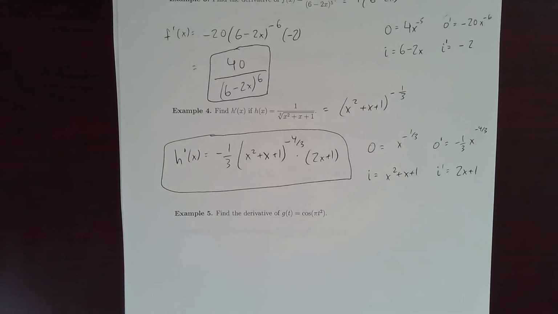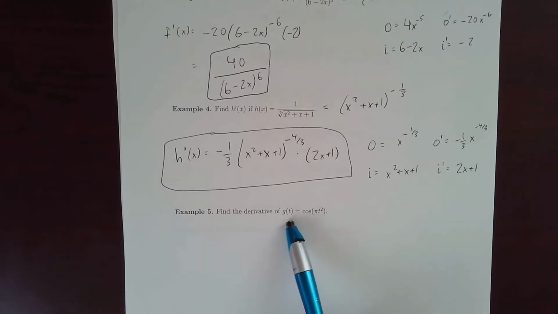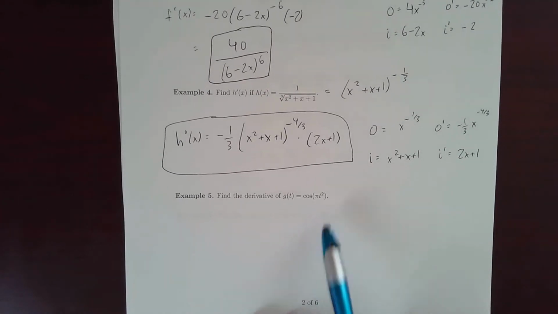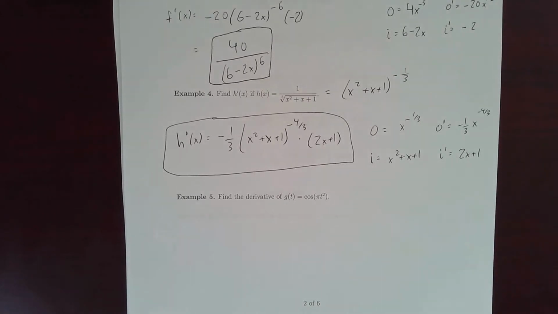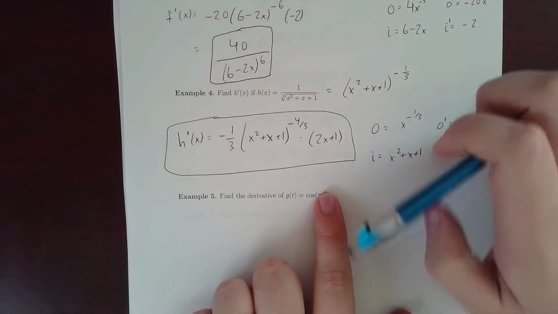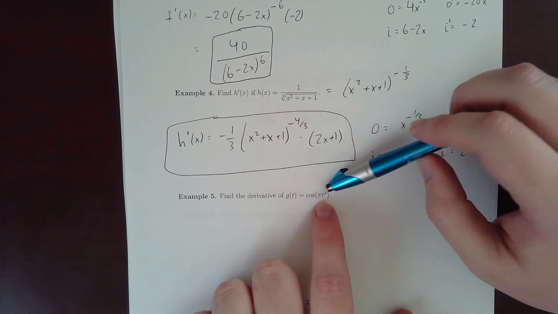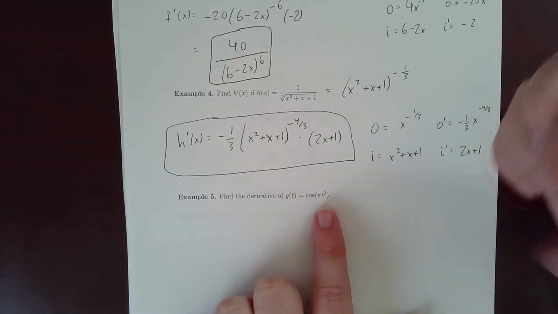Alright, so now let's say we wanted to find the derivative of g of t, which is going to be cosine of pi times t squared. Here, we really know how to find the cosine of x, or cosine of t. When we plug something else in, that's where we have some difficulty.